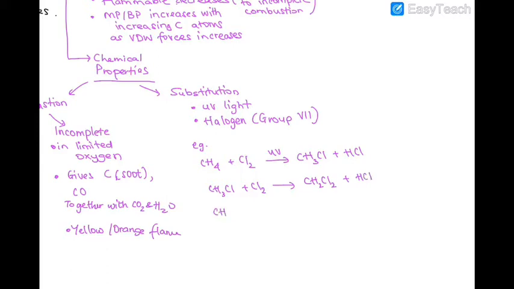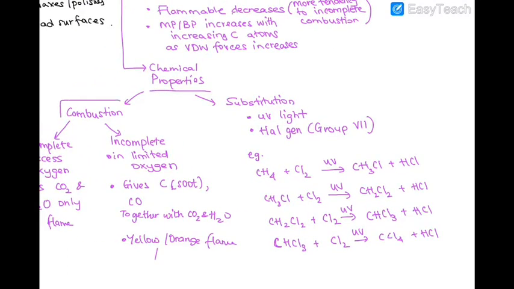This can keep on going, where the dichloromethane reacts with more chlorine, giving trichloromethane plus hydrogen chloride gas, and then the trichloromethane can react with more chlorine to give you tetrachloromethane plus HCl gas. And all of these reactions require the presence of UV light. So UV light and a halogen, and you're going to have a substitution reaction. So these are the two chemical reactions undergone by alkanes.